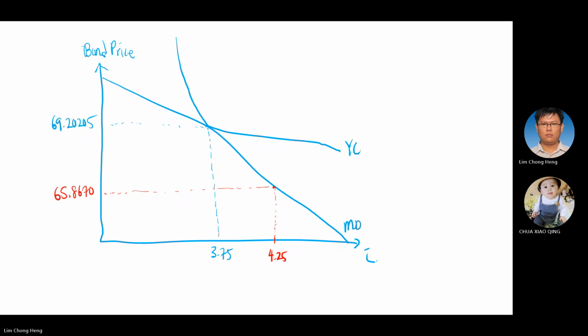And then from what you learn from other finance subjects, the bond price actually is affected by the interest rate. So it transfers to the graph like this.